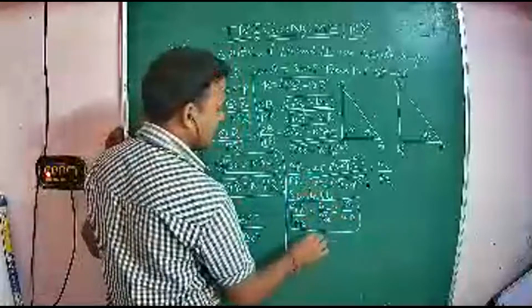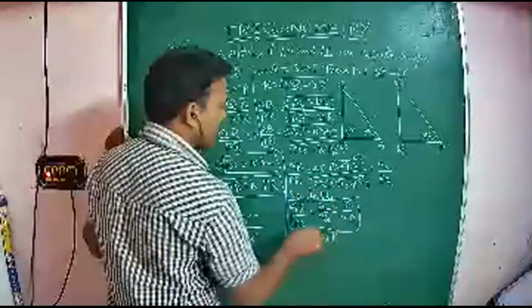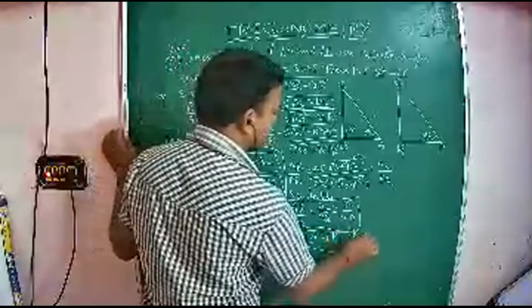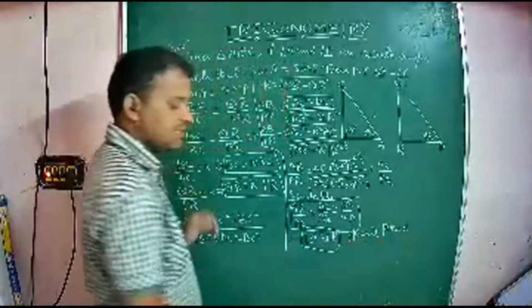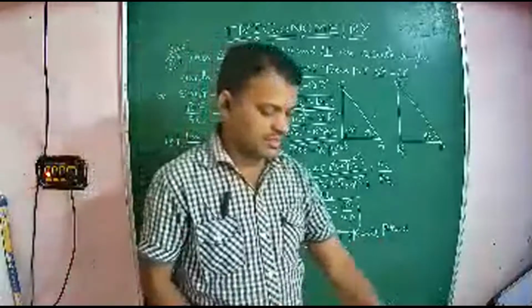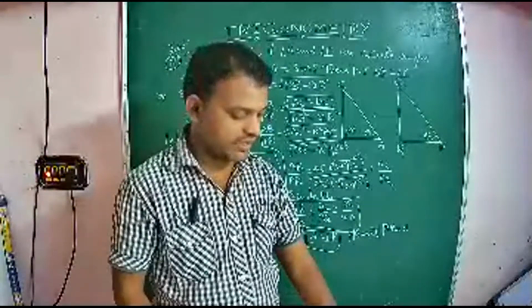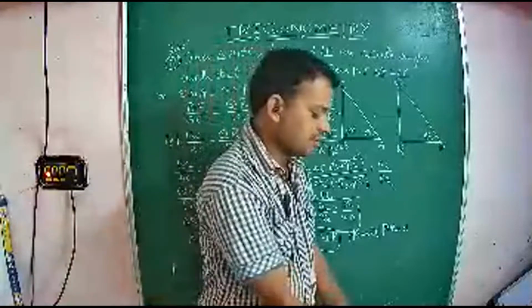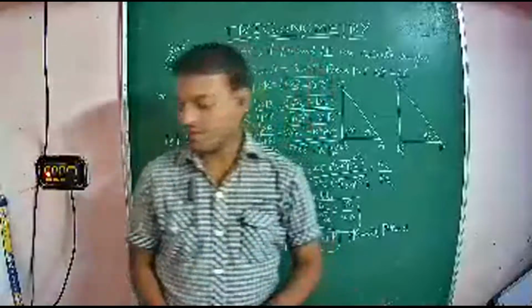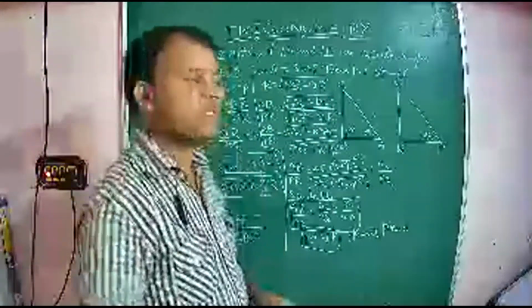Now here angle A is equal to angle B, hence proved. This is most important. In the exercise also, this type of model question will come, so be careful to do this. Clear? Next, one more sum I want to explain to you.